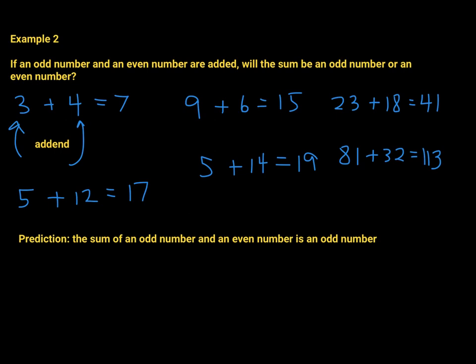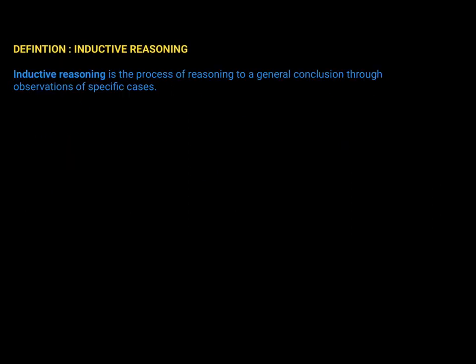So this type of reasoning, where you're looking at specific observations, is called inductive reasoning. So here's our formal definition for inductive reasoning. Inductive reasoning is the process of reasoning to a general conclusion through observations of specific cases.